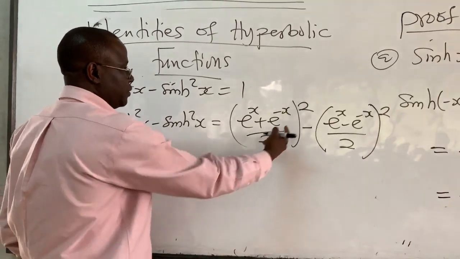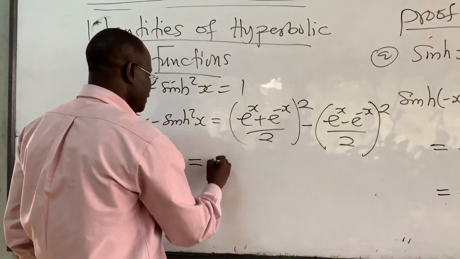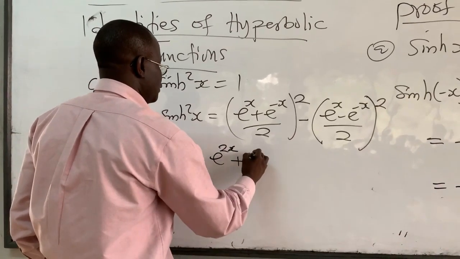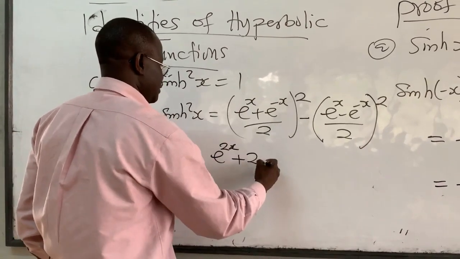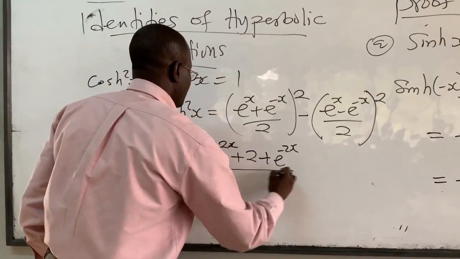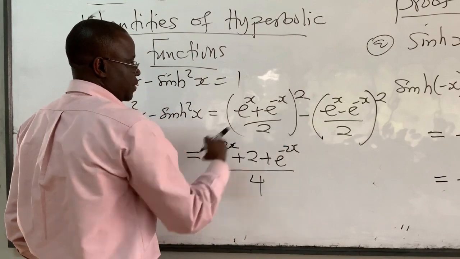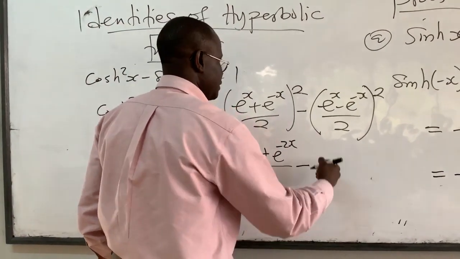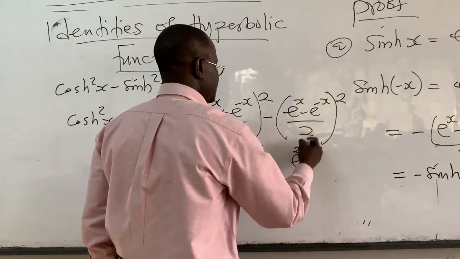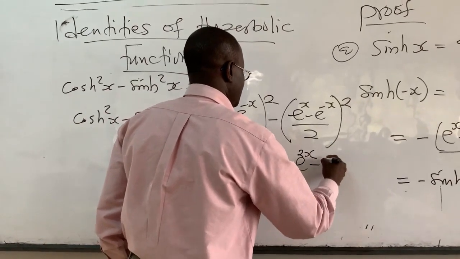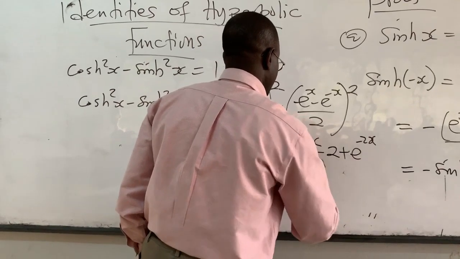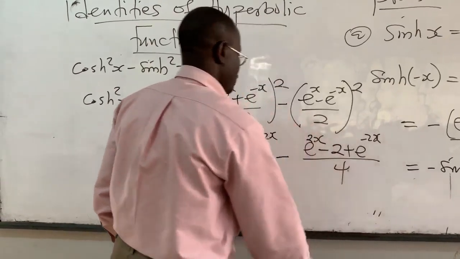So square this. This gives me e to the 2x plus 2, and I multiply this out, and then plus e to the negative 2x all over 4, when I square the 2, minus, this guy gives me e to the 2x, the 2 of them gives me minus 2, plus e to the negative 2x all over 4. Okay?